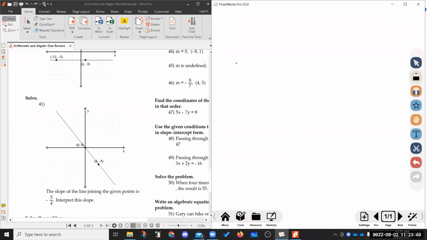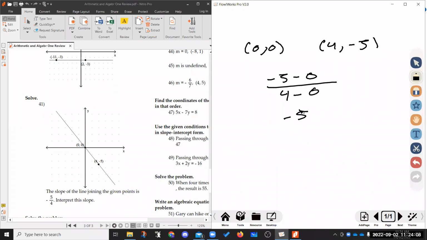No, we're going to find the slope. So the slope for the line connecting the points 0, 0 to 4, -5. Again, it's y2 minus y1 over x2 minus x1 is going to be -5 over 4.